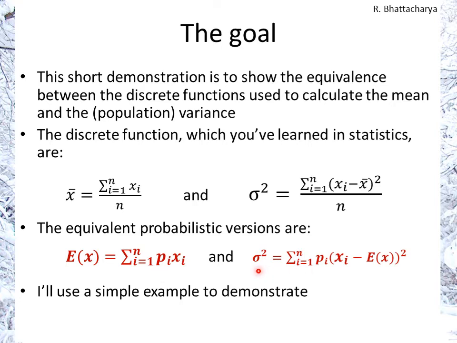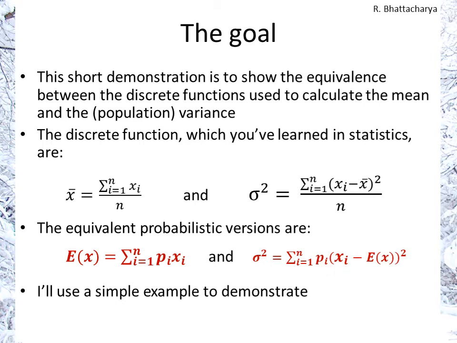The variance would be taking again the potential values, then subtracting the expected value and squaring it, multiplying it now by the probability, and that's also going for all of the various options from 1 to n.